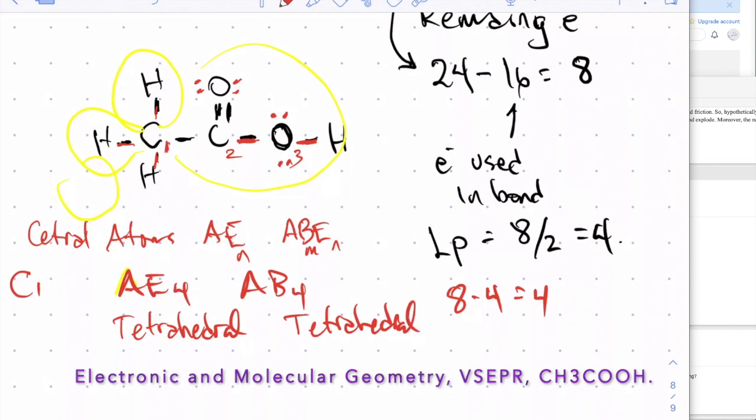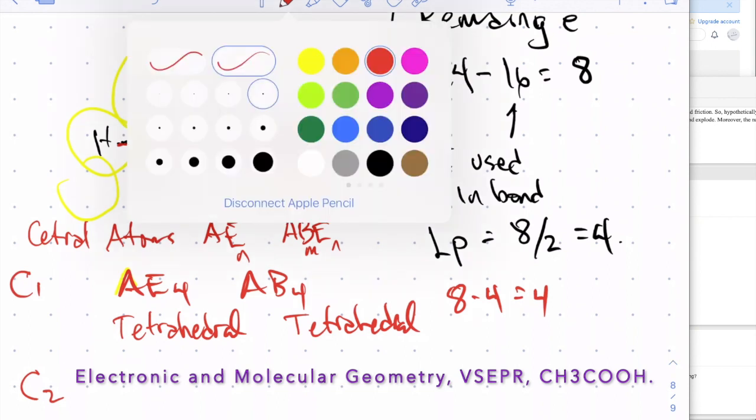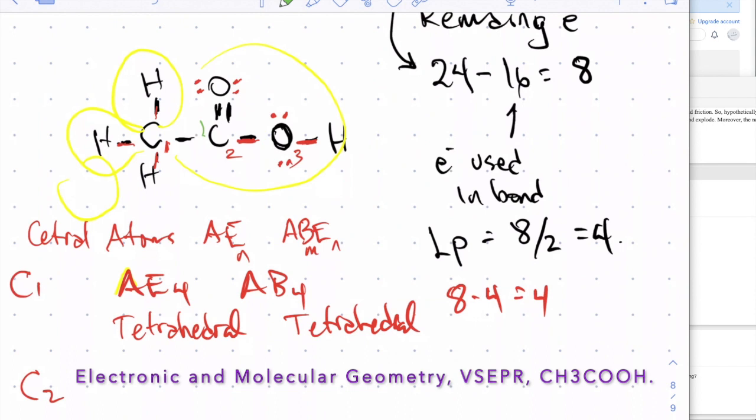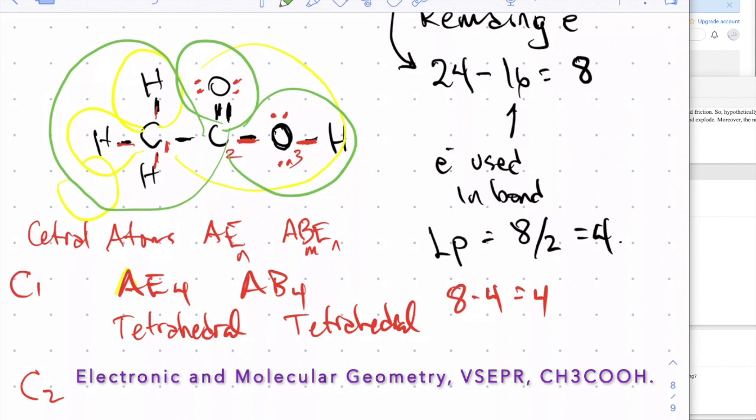And then let's take a look at our second central atom, that's carbon 2. And you can see here, we have 1 region, we have 2 regions, and we have 3 regions of electron density. So that's an AE3.